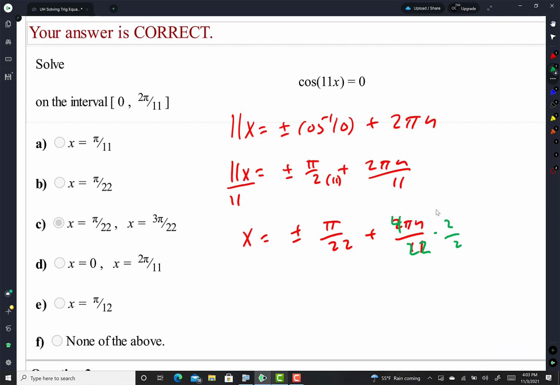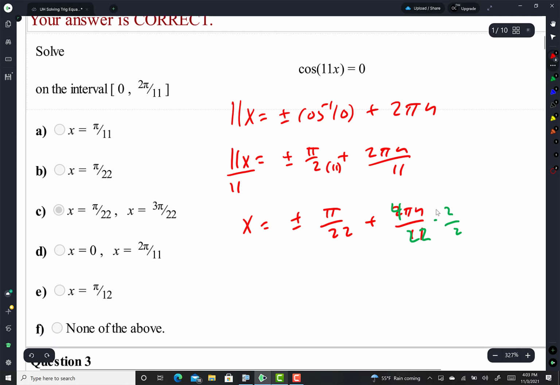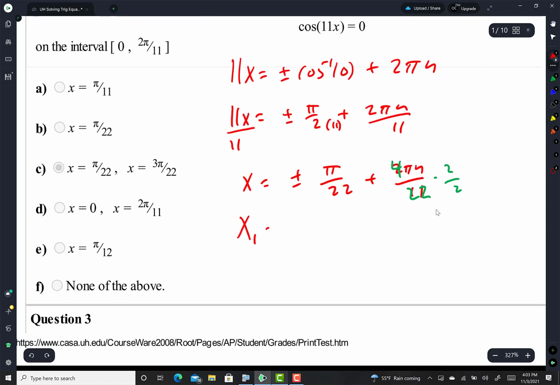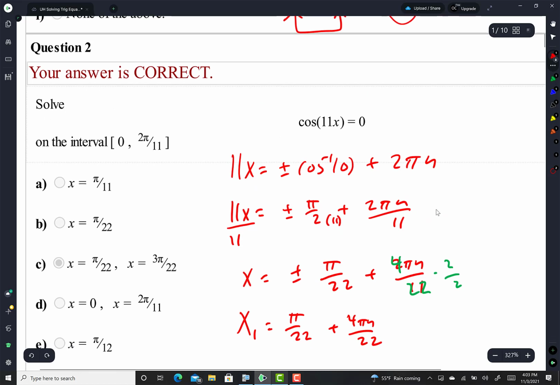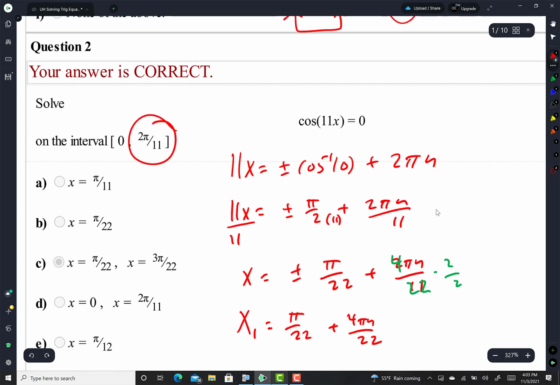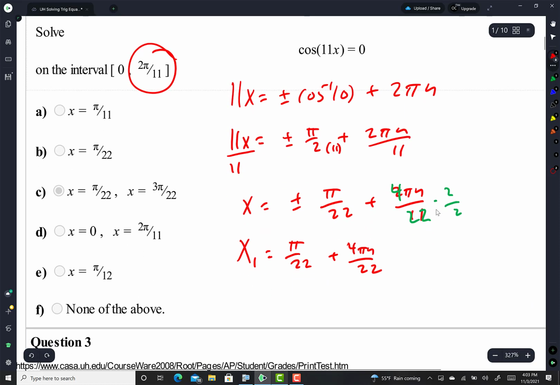And again, let's see, pi and then negative pi plus 4. Okay, so that's going to give us my second one. So this time I do need the plus minus. So one of them is pi over 22 plus 4 pi n over 22. This is a general equation, but notice that your domain is between 0 and 2 pi over 11. Well, 4 pi over 22 is 2 pi over 11.